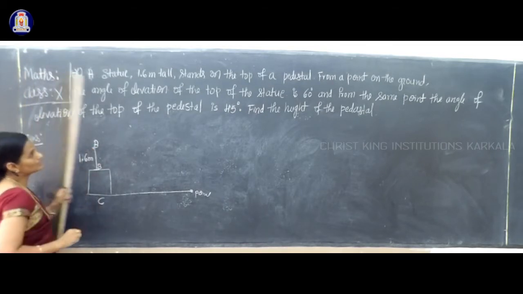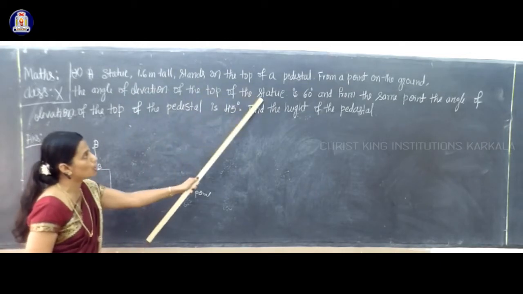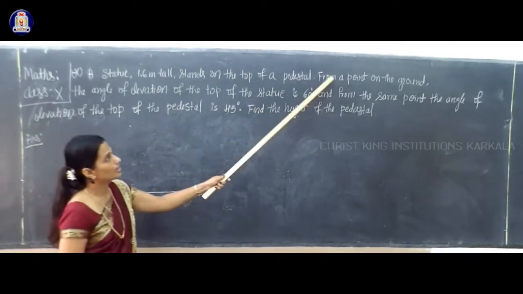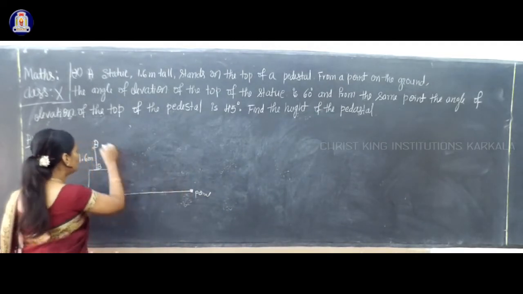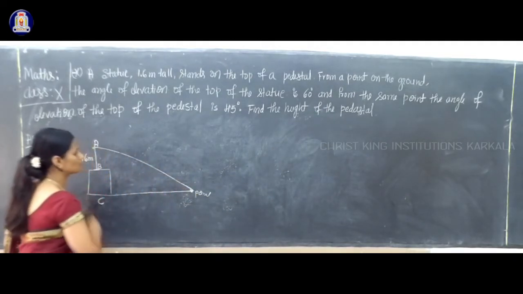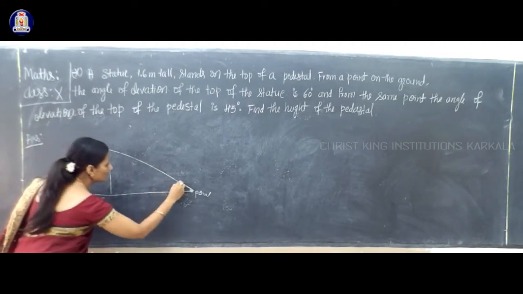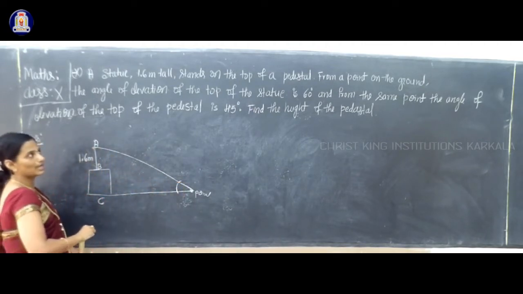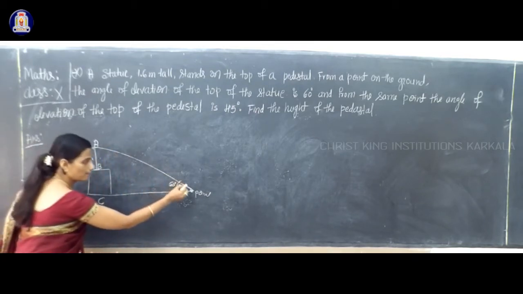Now 60 degree is the angle of elevation of the top of the statue from the point.